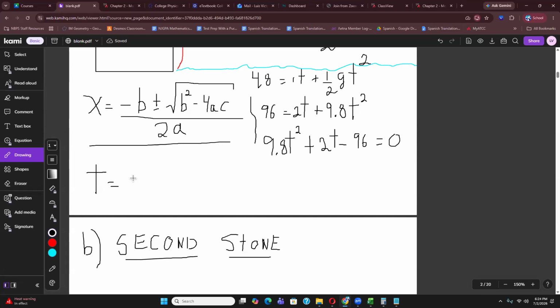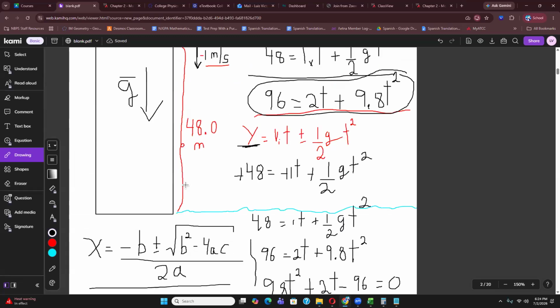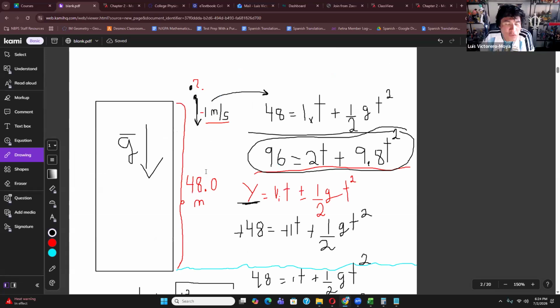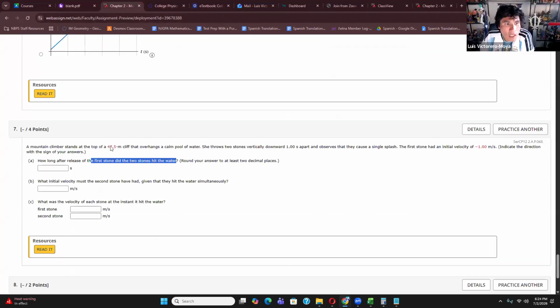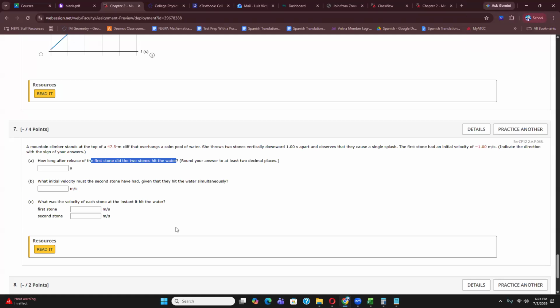Wait, I had a question before we move on, if it's okay. You said that the height is 48, and we're given that in the question, but at the same time you said they threw the rock, right? Then don't we have to find the total height that the rock fell? The total height is 48. I changed it to 48 to keep it easy. Both stones are launched from 48 meters. Oh, is it because it says that she throws the 2 stones vertically downwards, 1 second apart?